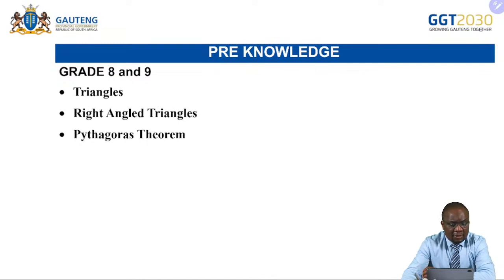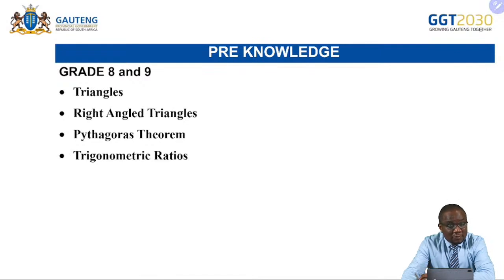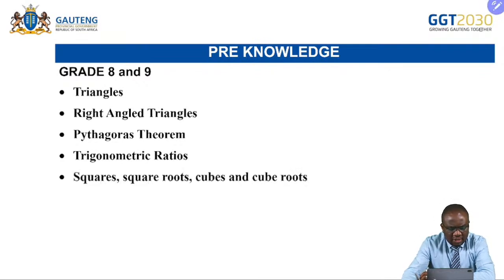And then we have the trigonometric ratios: sine theta, cos theta, and tan theta. And then we have squares, square roots, cubes, and cube roots. We're going to use our knowledge about these things in today's lesson.